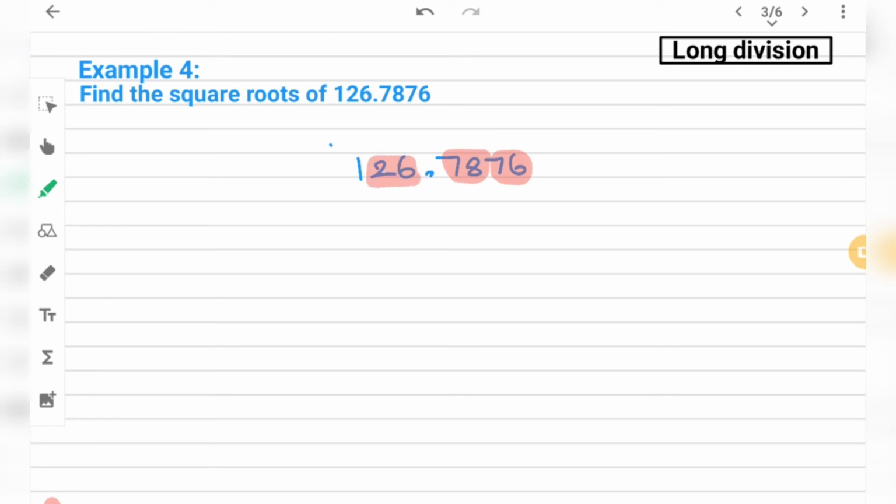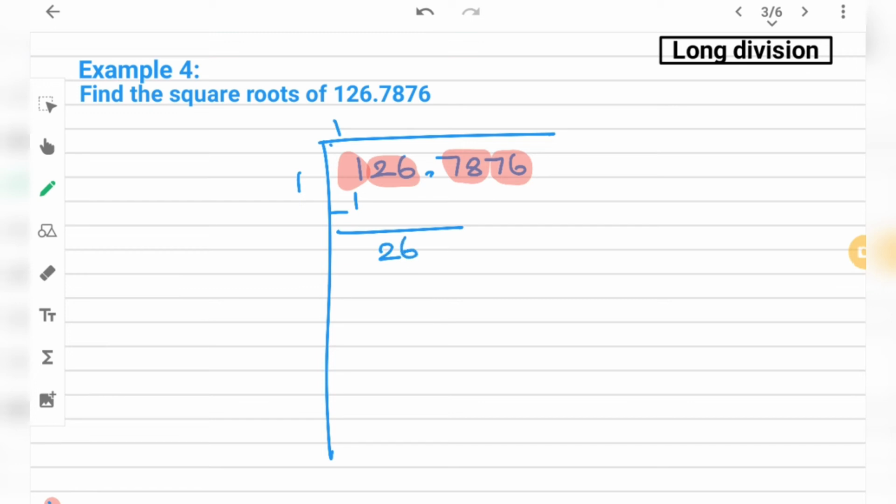And here 26 is a pair and 1 is a number which is not having a pair. Okay, now I'm going to draw a line over here. Yes, I'm going to place 1. 1 ones are 1. Then subtract this 1, we will get 0. I'm bringing this 26 together, so 26.